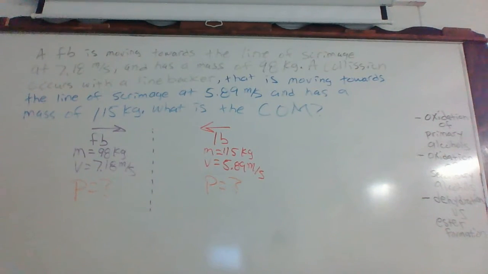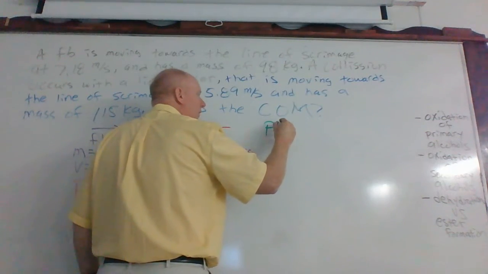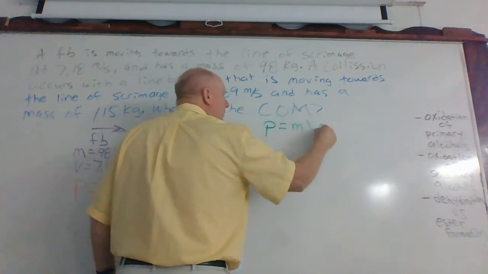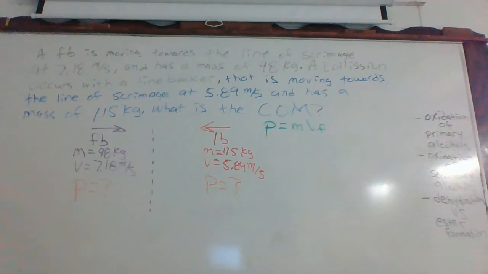So, just like what we've been doing for the last month or so, we know that your momentum, or P, equals mass times velocity. Here we're only given one velocity anyway. So we do what the formula tells us and take mass times velocity.